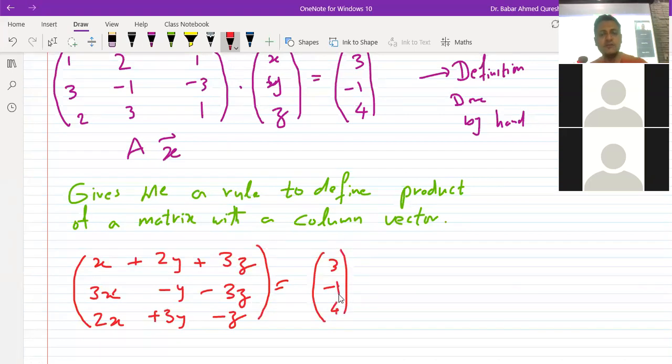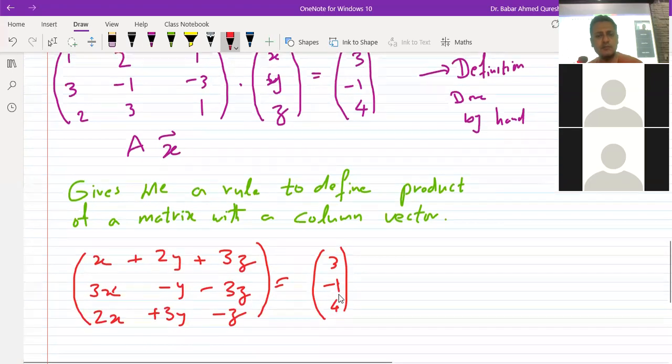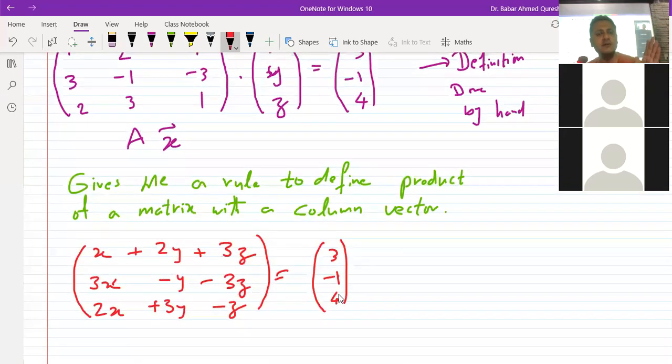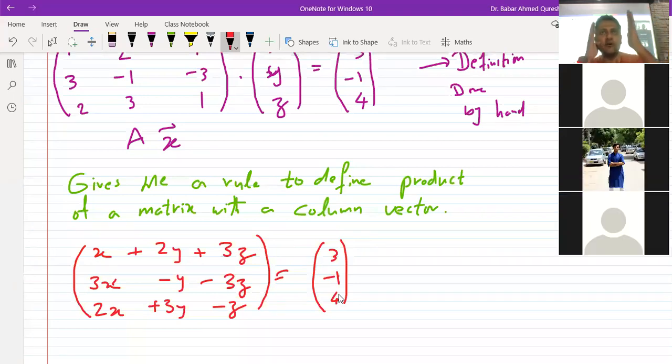So I want this back, and this is nothing more than putting parentheses around your equations and replacing 3 equalities by 1, because you just call them a list and you say that the two sides will be equal if each corresponding component is equal to the corresponding component on the other side. So all I'm saying is this is equal to this.